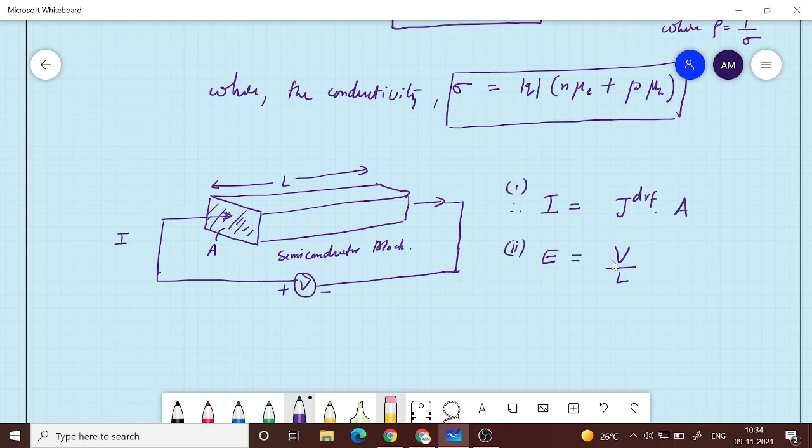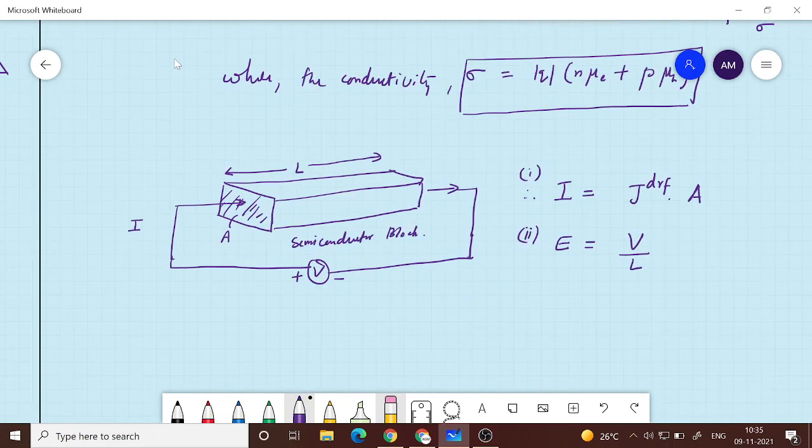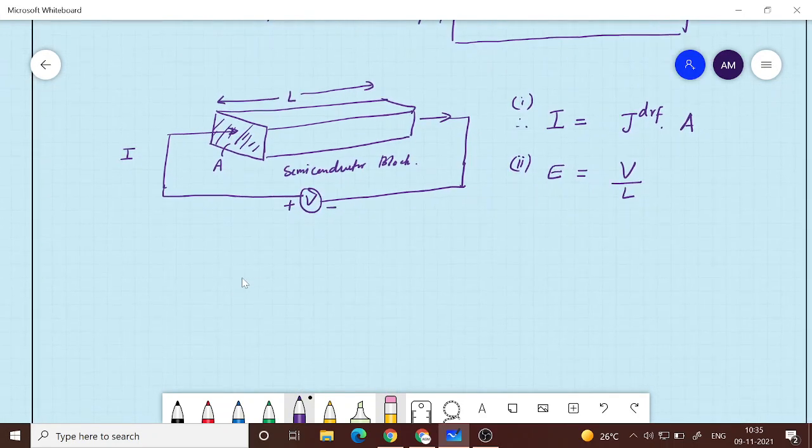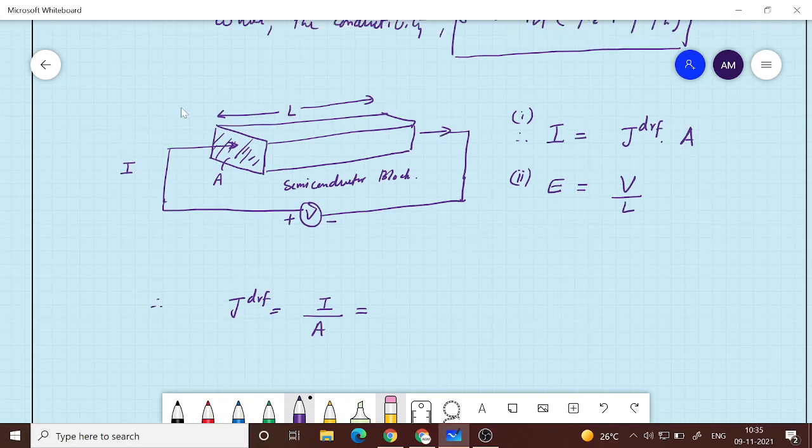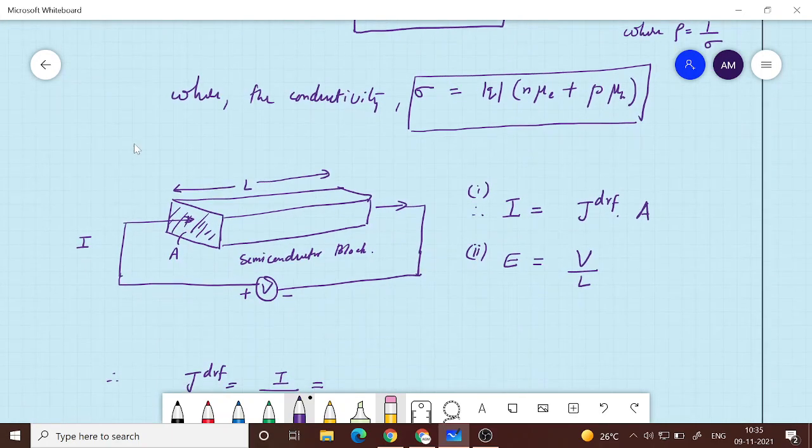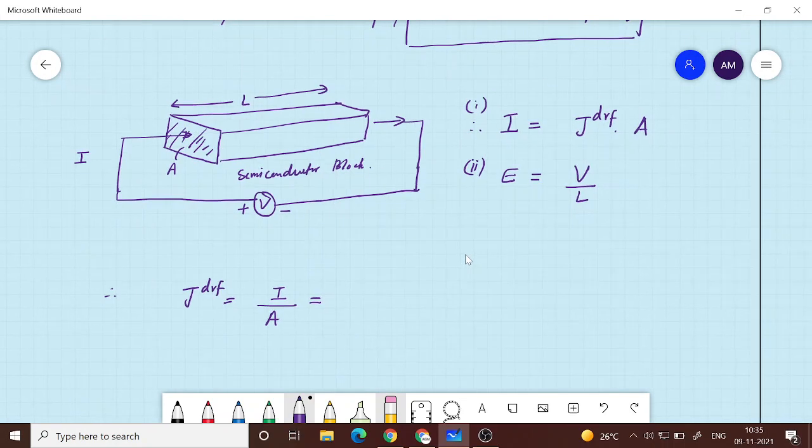If you combine these two, you can convert the relationship that we have, that is substitute for J. Therefore J drift is equal to I by A, which is equal to sigma E, which you can write as sigma into V by L.